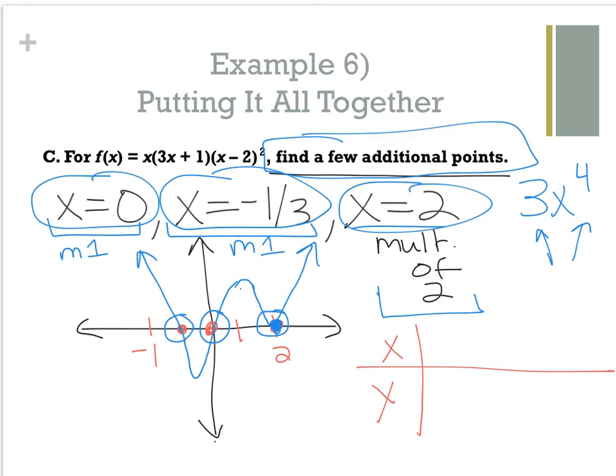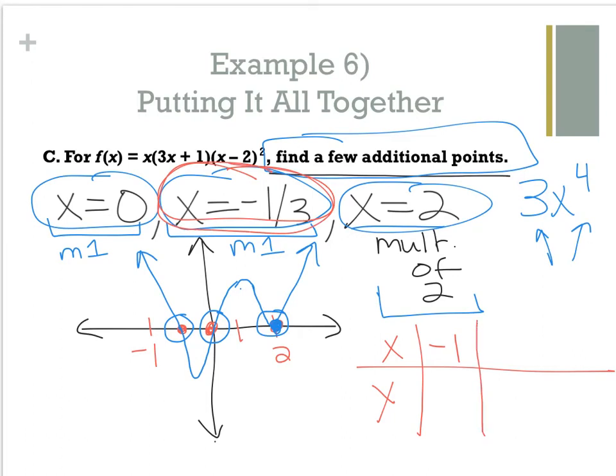So for instance, my smallest zero is at negative 1/3. So I might choose an x value a little bit less than that, which is negative 1. Or I could choose negative 2 or negative 3. Doesn't really matter. I just chose arbitrarily x equals negative 1 because it is less than negative 1/3.